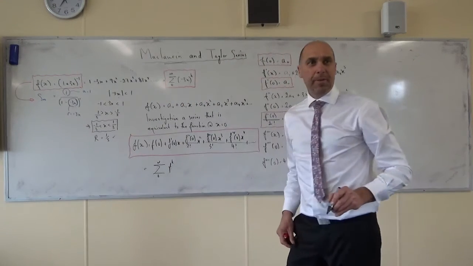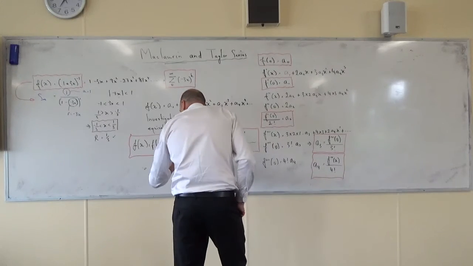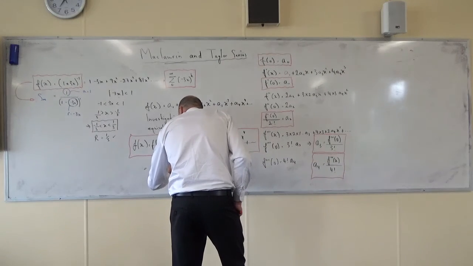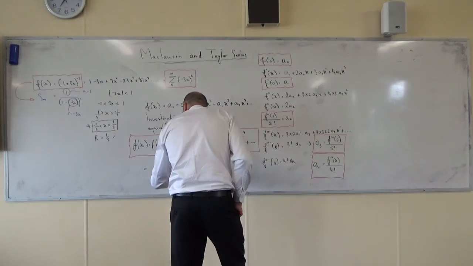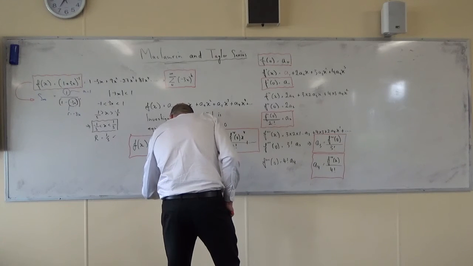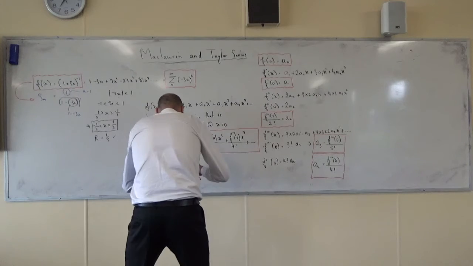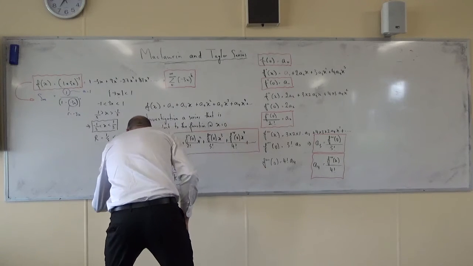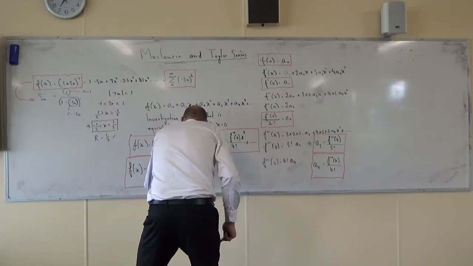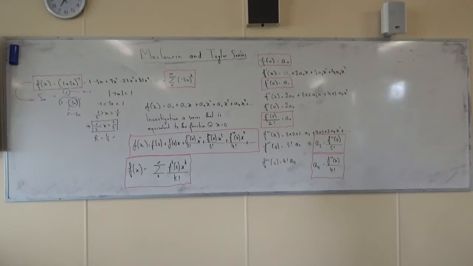The 0th derivative means we don't find the derivative of it at all. f to the power k of 0 times x to the power of k divided by k factorial, and there's my series definition of a Maclaurin series. Thank you, Diana, that was lovely. Got that spot on.